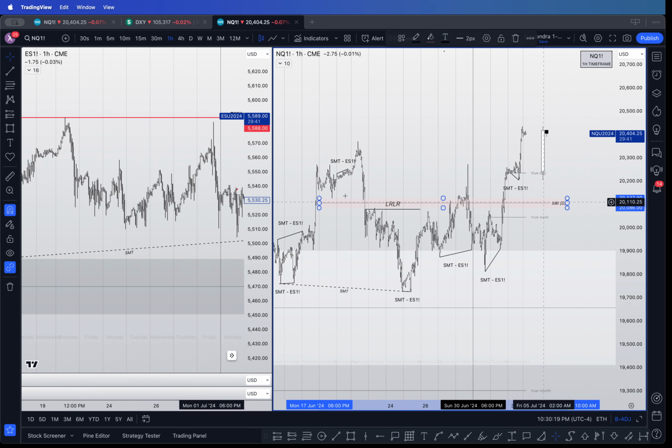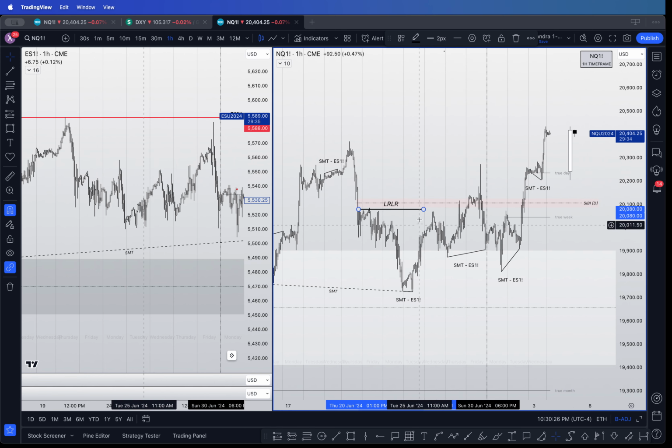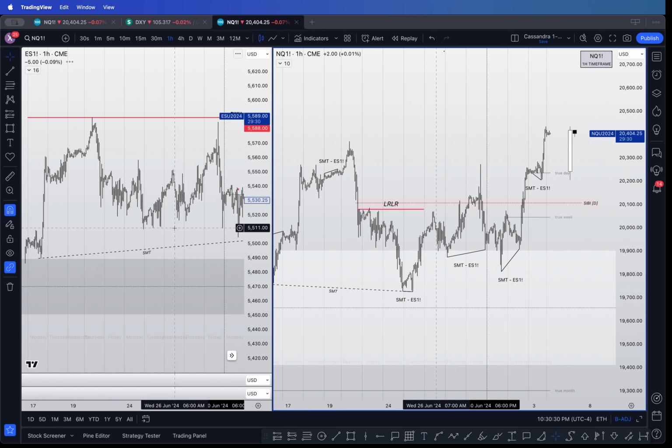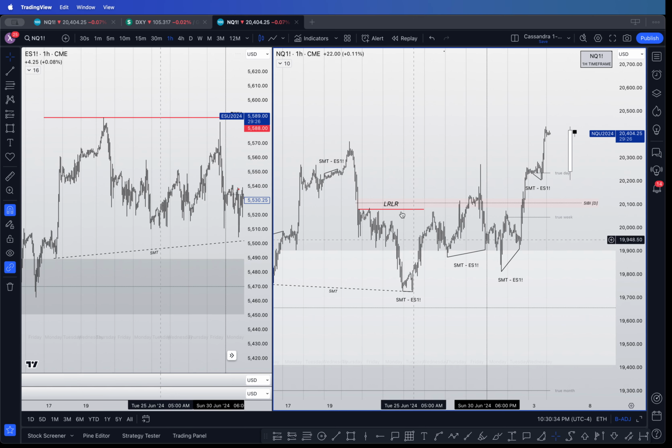Because we are assuming that price is going to be bullish from that internal range of liquidity. The question I have for you is that despite NASDAQ making a lower low and ES making a higher low, which index has a better liquidity target to pair these sell stops with? I'm going to mark out the sell stops on both.